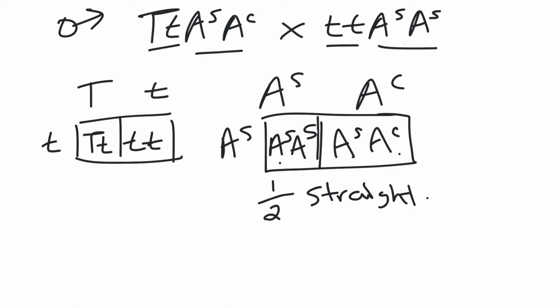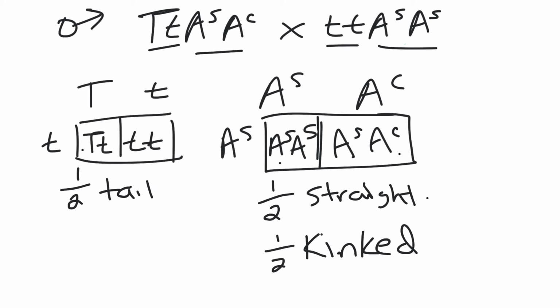The other box, 1 out of 2, has the kinked tail phenotype. We don't have any curly tail, so we don't have to worry about that genotype. Then we have tails and no tails. If we look at our T's, we have a big T here, so half the boxes have a tail genotype, and then here we have two little t's, which would give you no tail, or tailless, I suppose we could say. So those are our options here.